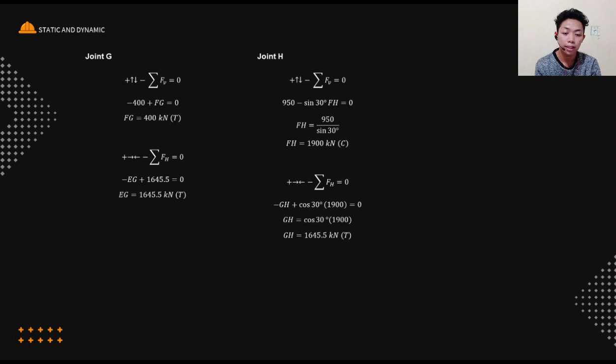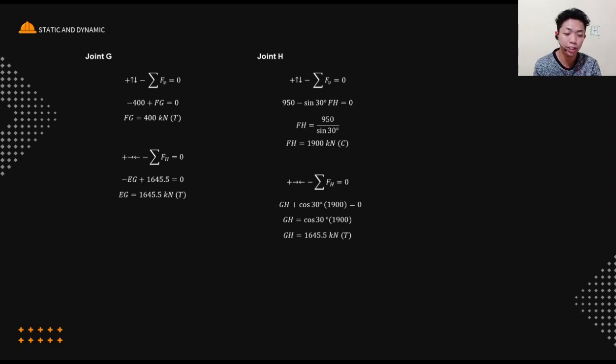Kapag nilabas natin yung GH dun sa equation, magiging GH is equals to cos 30 degrees times 1,900. So, yung GH, pag kinompute natin, magiging 1,645.5 kilonewton. So, tama din yung assumption natin na tension siya. Nag-positive siya.